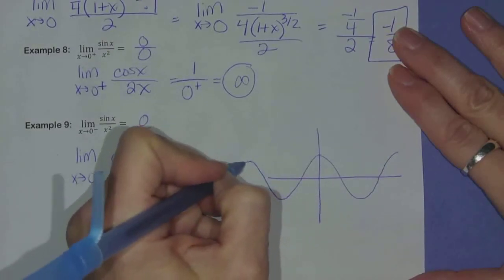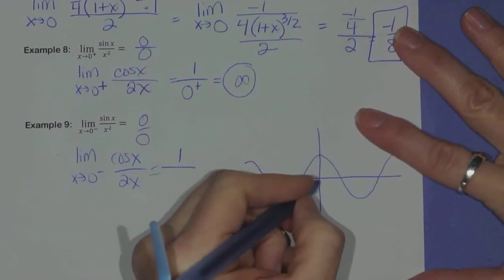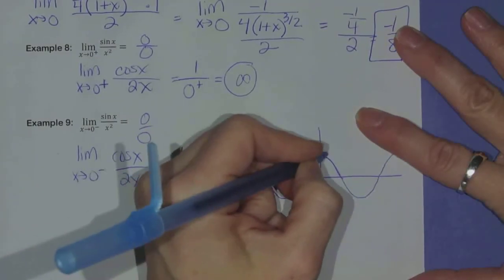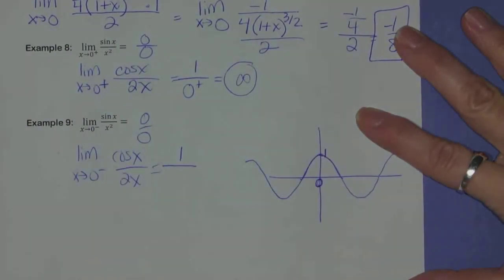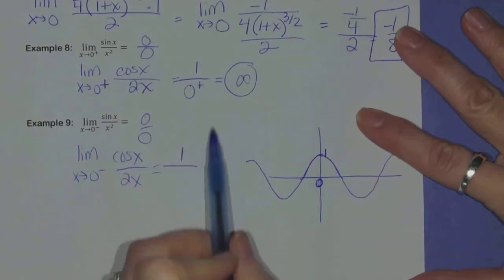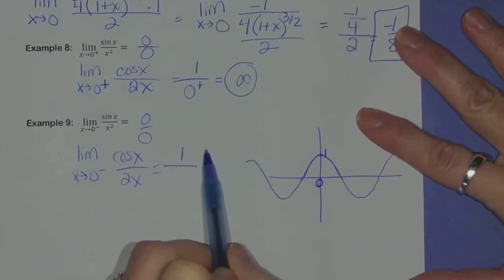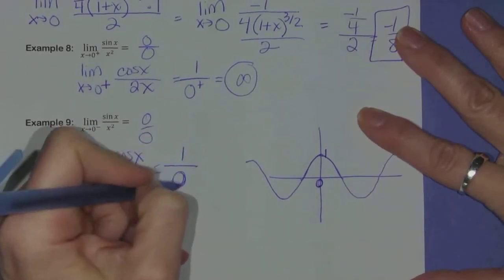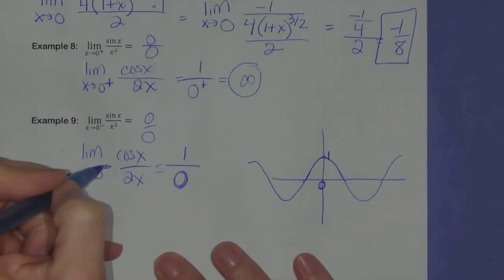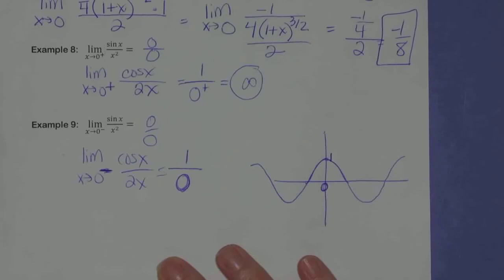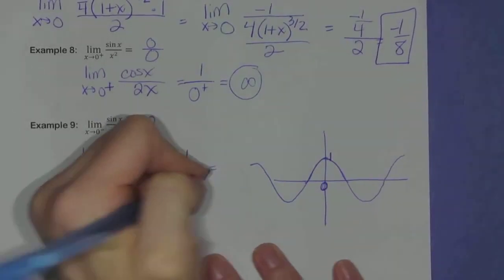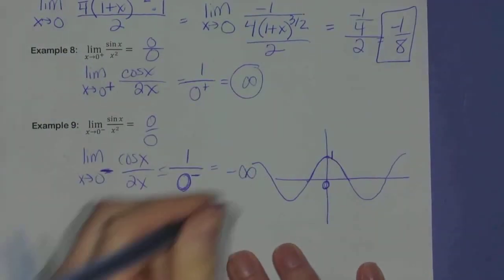Here's 2 cycles. As you're approaching 0 from both the right and the left, your y values are headed towards 1. So that's why I can put a 1 here and a 1 here. Now with 2 times 0, that would be 0. But since we're just slightly to the left, we'll say slightly to the left and -infinity.